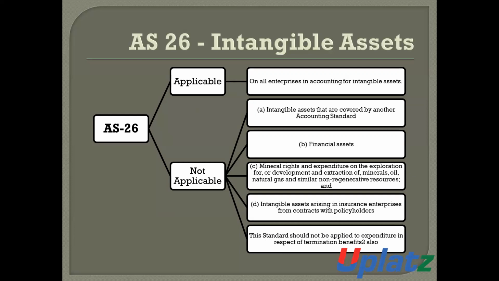And number four, Accounting Standard 26 is not applicable on the intangible assets which arise in insurance enterprises from contracts with policyholders. Any intangible assets which arise from insurance are not covered by Accounting Standard 26.